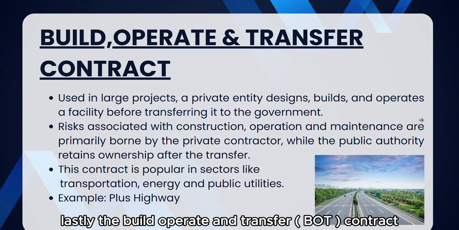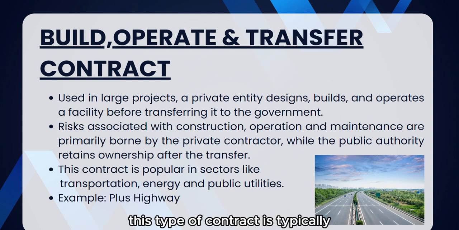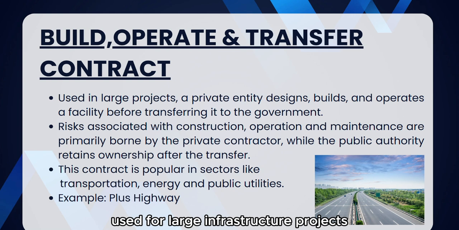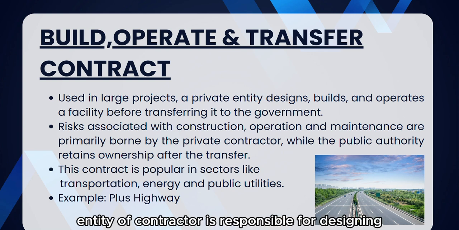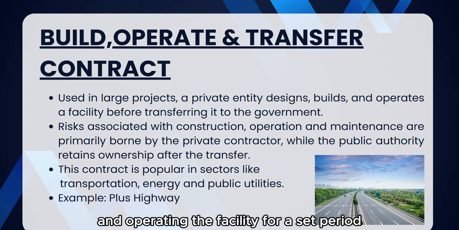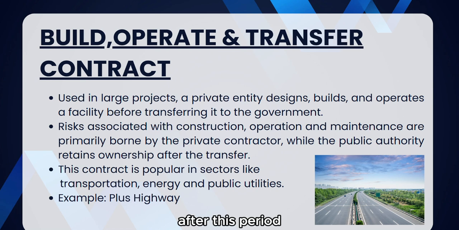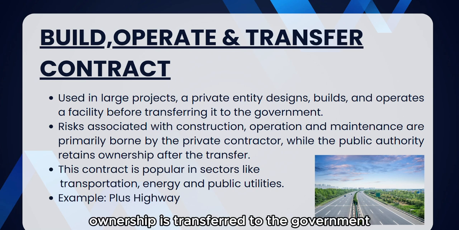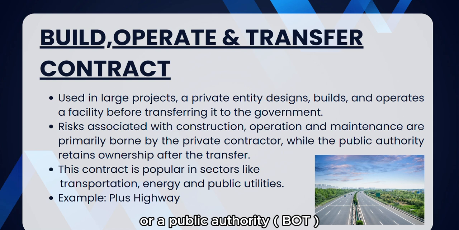Lastly, the build, operate, and transfer BOT contract. This type of contract is typically used for large infrastructure projects. A private entity or contractor is responsible for designing, constructing, and operating the facility for a set period. After this period, ownership is transferred to the government or a public authority.